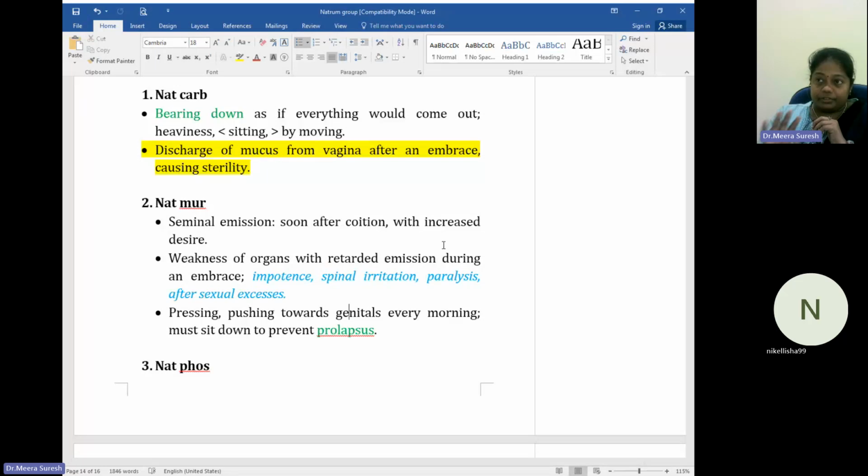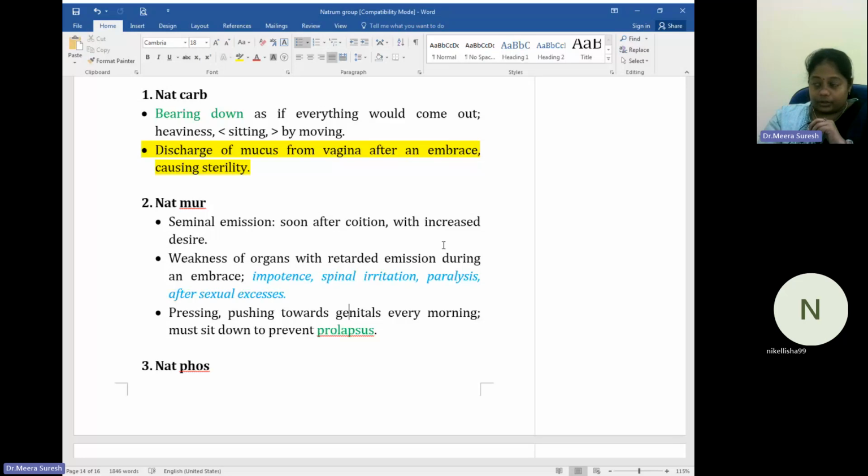If it is in a male, we understand the connection, because there is no proper orgasm happening, or there is impotency. That is why there is sudden discharge of the semen, and it will lead to infertility or sterility.